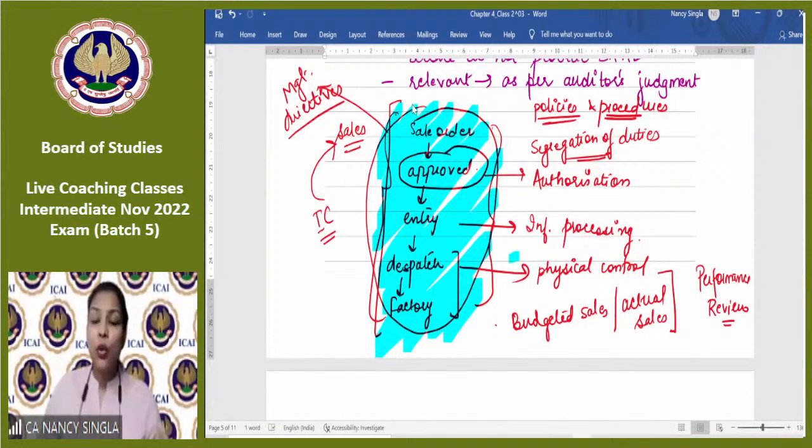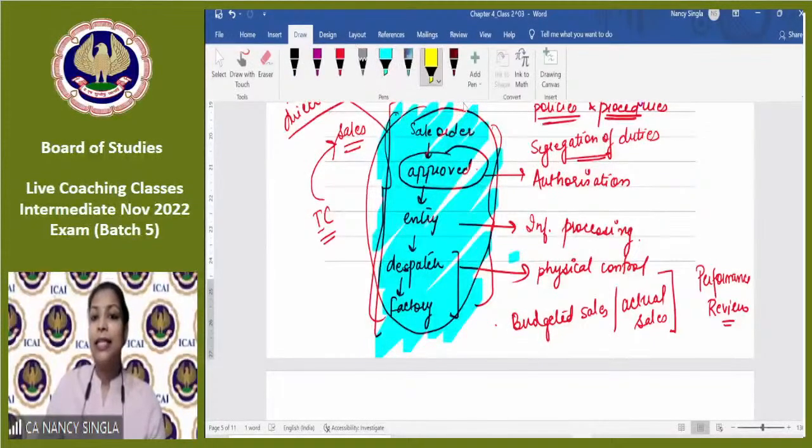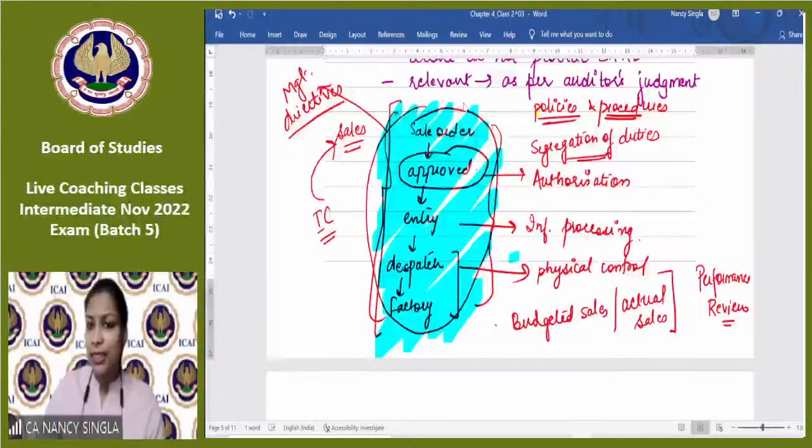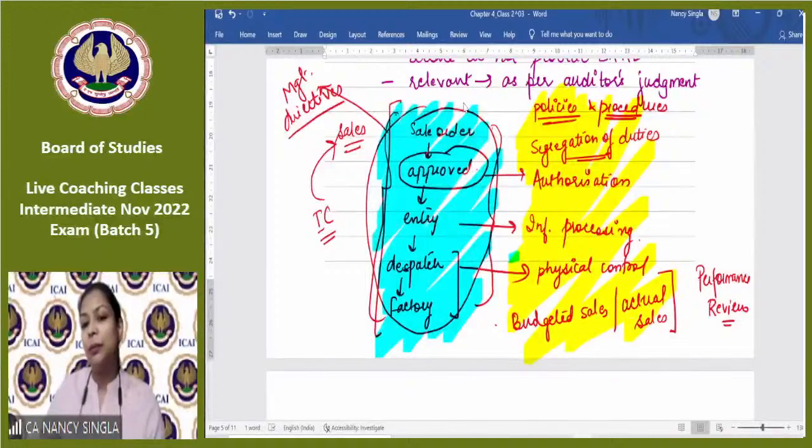So in order to make sure that the management directives, which I have marked in blue color, are carried out, management made certain policies and procedures. These are the control activities.